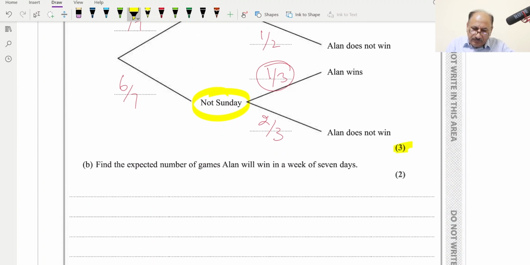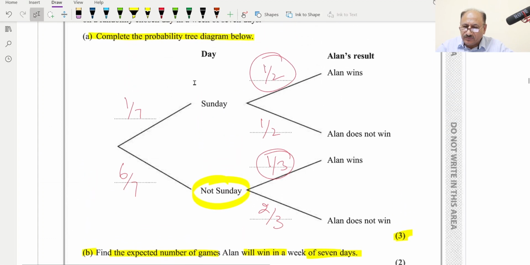Now find B part. Find the expected number of games Alan will win in a week of 7 days. So in a week of 7 days, how many win will be there? This is what we need to calculate. For calculating the win, we can check. For example, win will be 1 by 7.